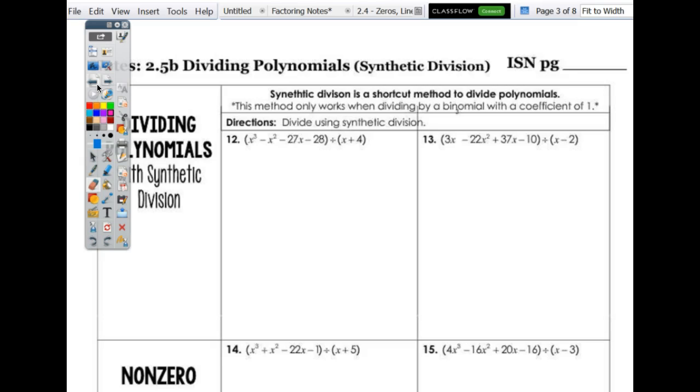When there's an x squared, when there's an exponent, when's the other time? What about the leading coefficient? Yeah, if it's not 1, you have to use long division. So if you look at all these examples, the leading coefficient on the factor is 1. So all these work with synthetic division.